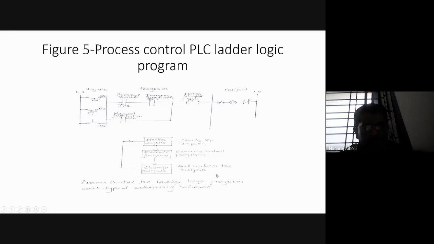So can you think of what these steps are, or what this process is called? It is applying the inputs, executing this ladder rung diagram or the program in the run mode, and then finally changing the outputs according to our requirement, and controlling the output parameters.